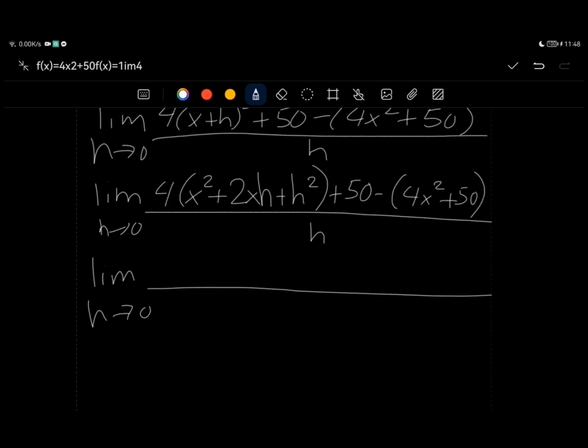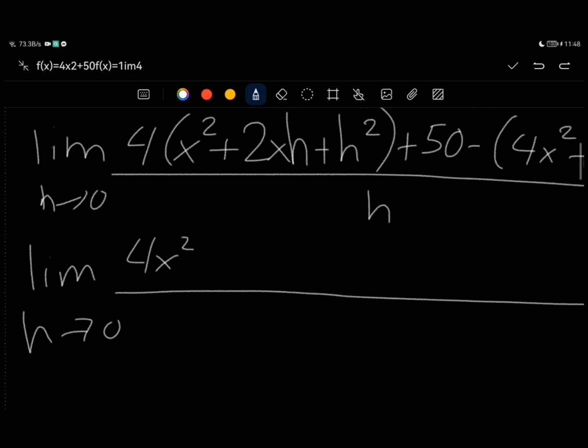To do that, we need to do the FOIL method, so that's going to be 4 times x squared, which is 4x squared, plus 4 times 2xh, which is 8xh, plus 4h squared, and then copy 50.